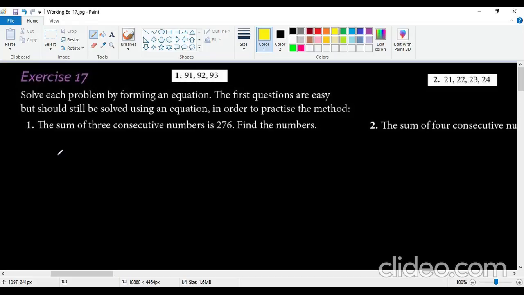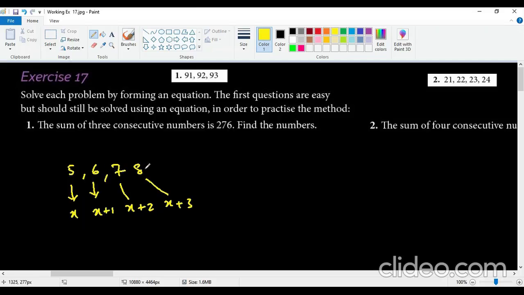Find the numbers. So consecutive numbers are, for example, 5 and 6 and 7. If I look at this question, it is x, and this one is going to be x plus 1, and this is going to be x plus 2, and so on. This is going to be x plus 3. So if I say four consecutive numbers, we are talking about 5, 6, 7, 8.